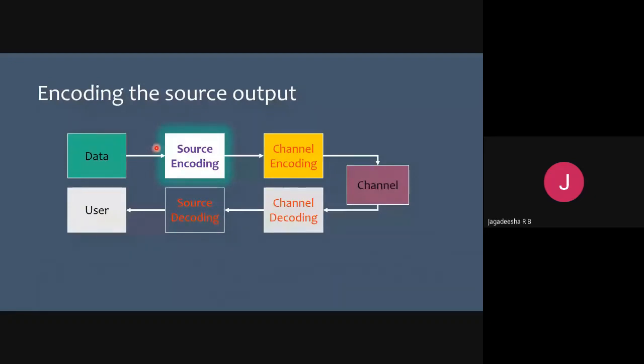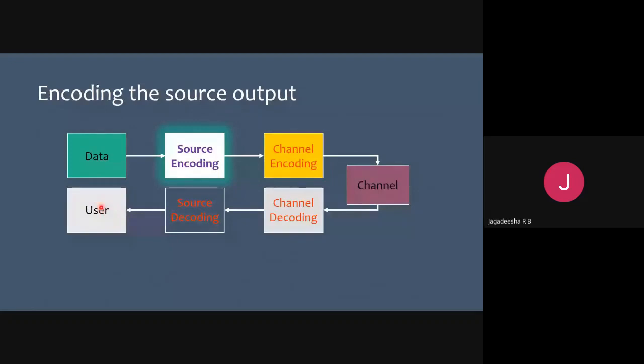These are the different data that are normally generated in the physical world. And this data we want to transmit from this particular place to some other place. For example, I'm talking here, and I want to transmit this data to some other user who is located far away from me.